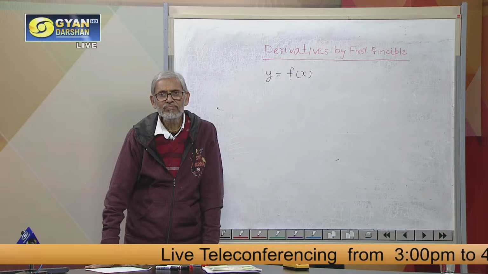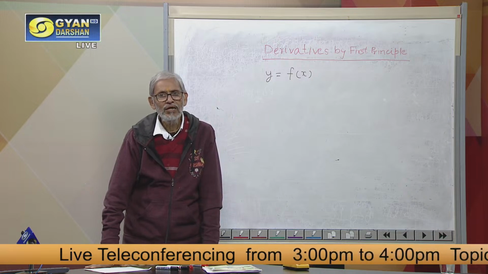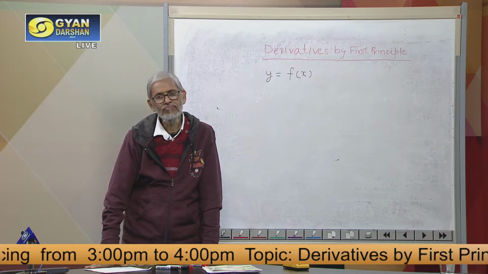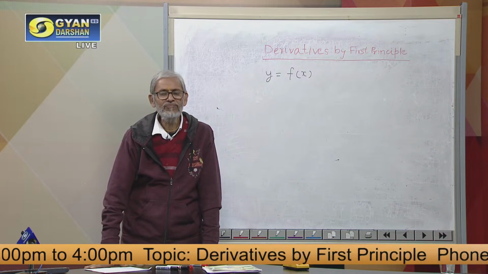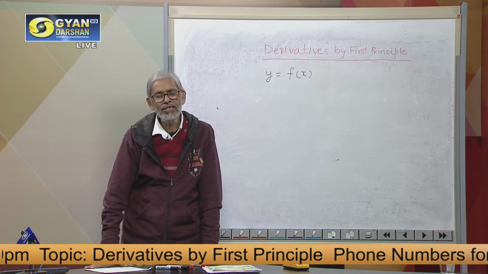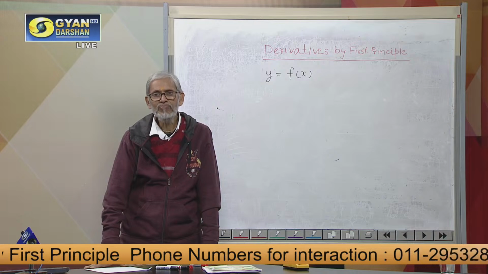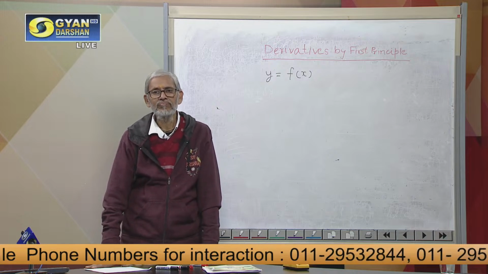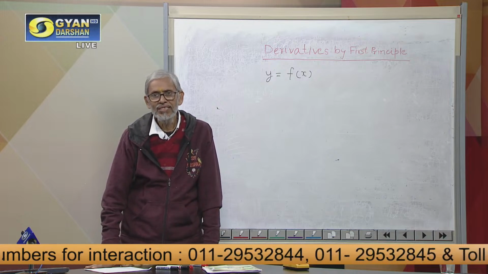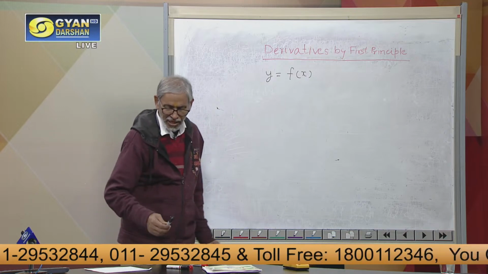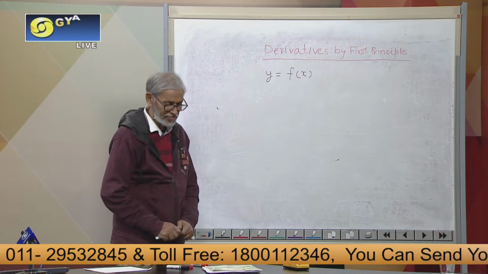Today we will do it for a general point, any point on the curve, and we will see how we use first principle for finding the derivatives. The principle is the same as we discussed last time.